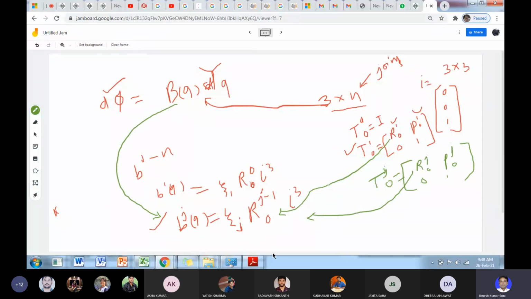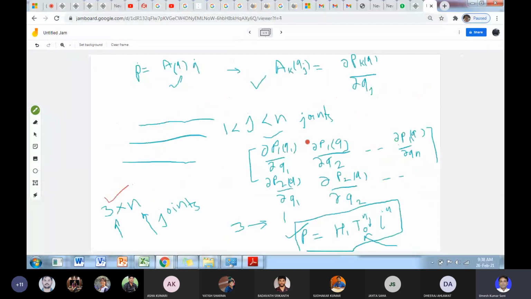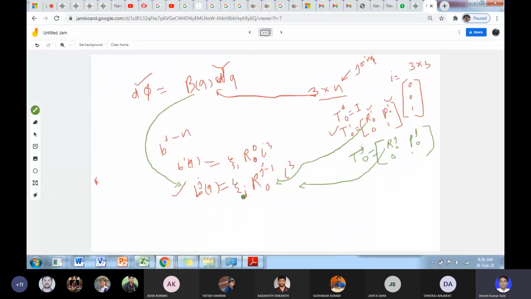So from here and from here, we have calculated the columns of the complete Jacobian matrix. Here one element is this Xi J. This is a perspective vector for a revolute joint.